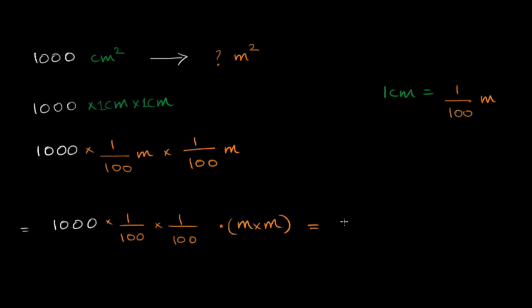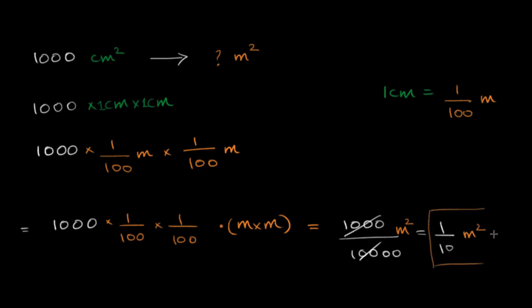So what is this going to be? 1000 divided by 100 and another 100. So one more 0, 0. So 1000 divided by 10,000, or that's 1 by 10, and the meter squared would have come along with me. So 1/10 of a meter squared, or 0.1 meter squared.